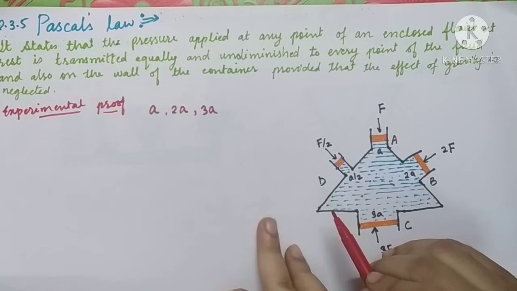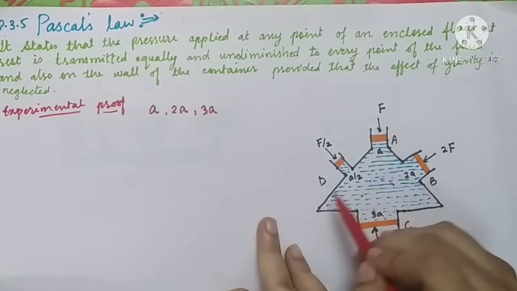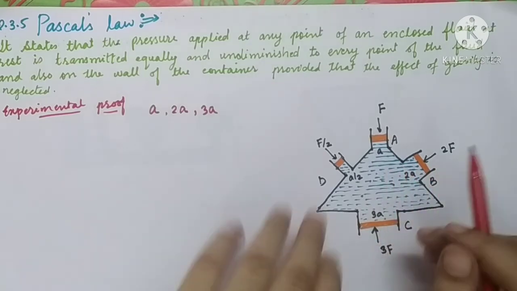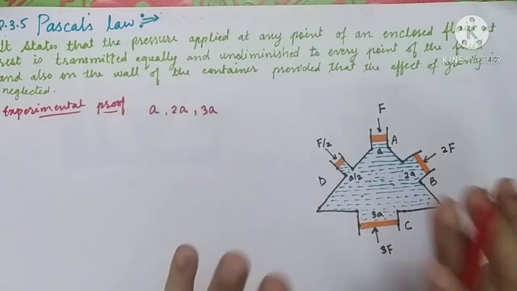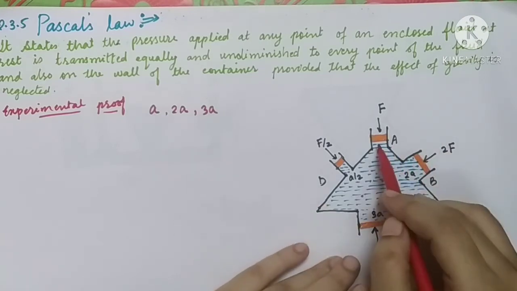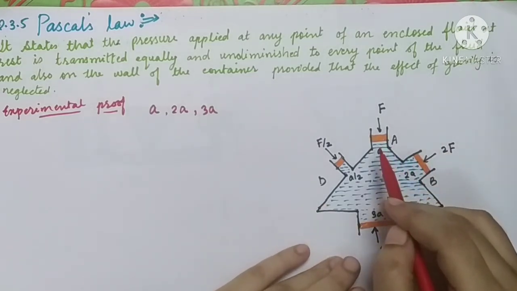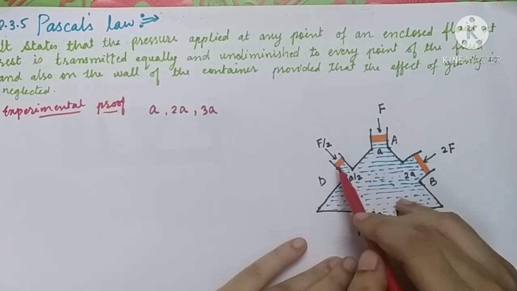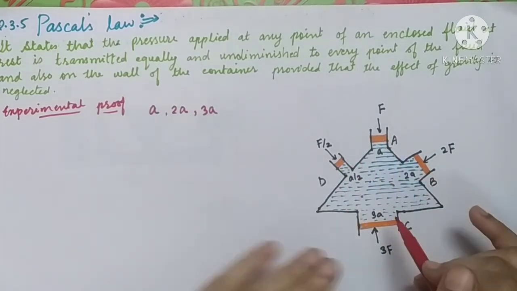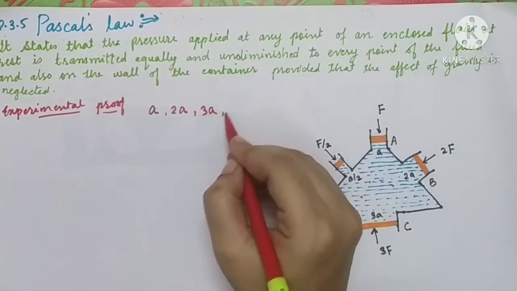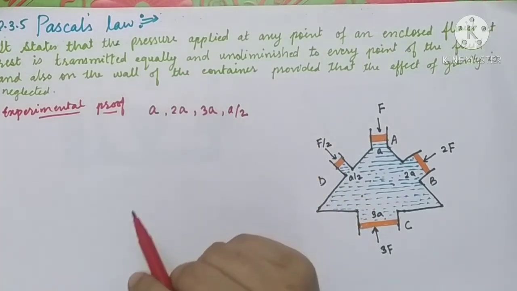Watertight means just like airtight, but here we have taken fluid, so that is why we use the word watertight. So every opening is fitted with pistons which are watertight and frictionless. These orange lines indicate the position of the pistons. So these are the respective areas over here.